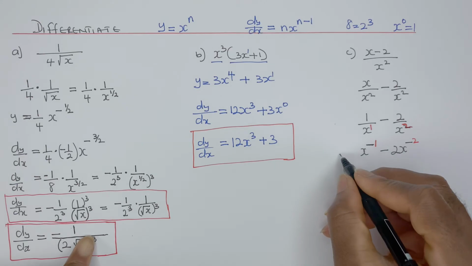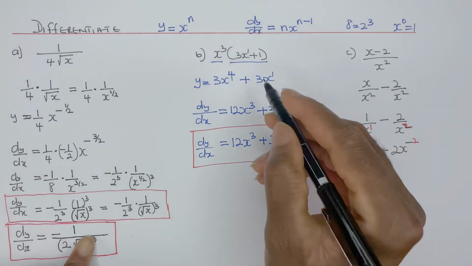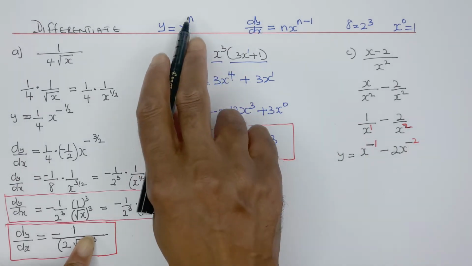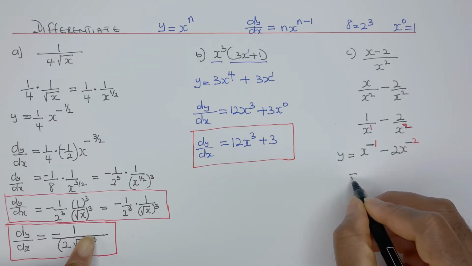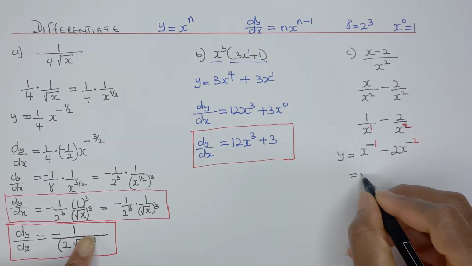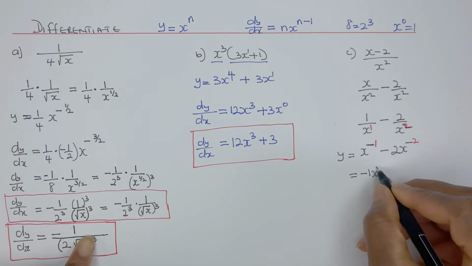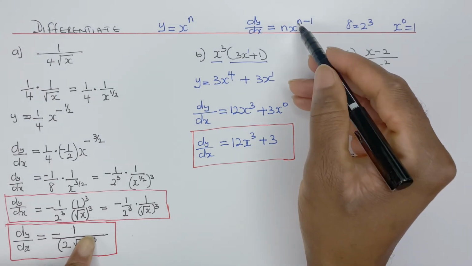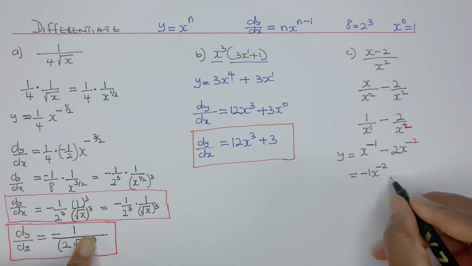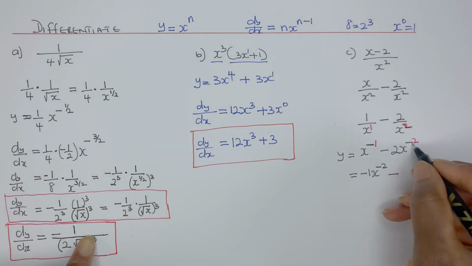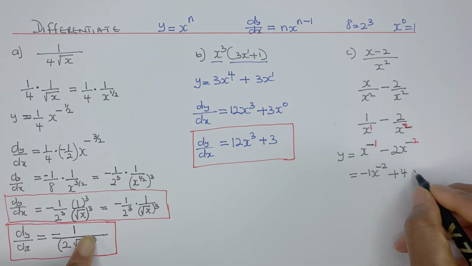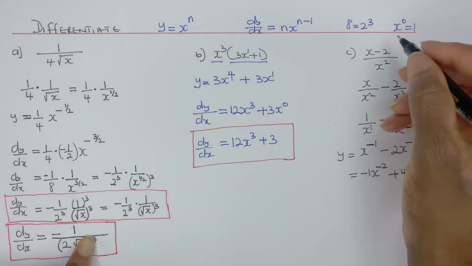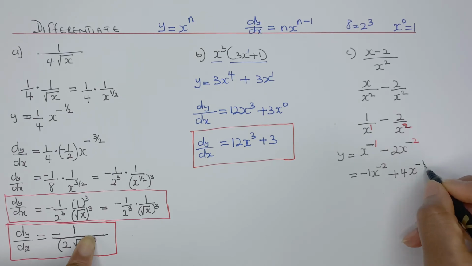Now I can differentiate that because it does look like that now. So n is minus 1 and n is minus 2. So now bring the minus 1 down. So that will be minus 1 times x to the power minus 2, because minus 1 minus 1 is minus 2, minus, bring the minus 2 down, minus 2 times minus is plus 4, x to the power minus 2 minus 1 is minus 3.